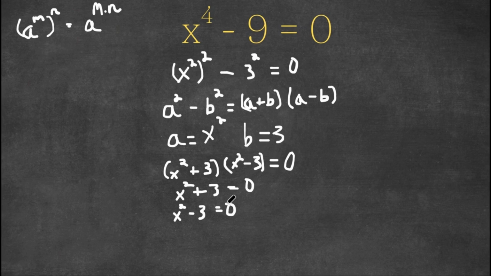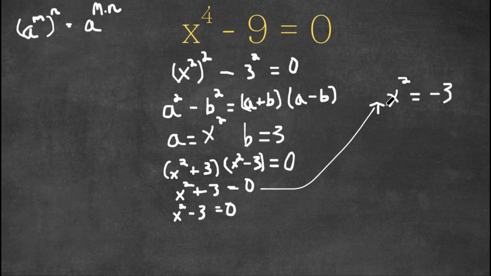So for x squared plus 3 equals 0, we're going to subtract 3 on both sides. So if we subtract 3 on both sides, we get x squared is equal to negative 3.